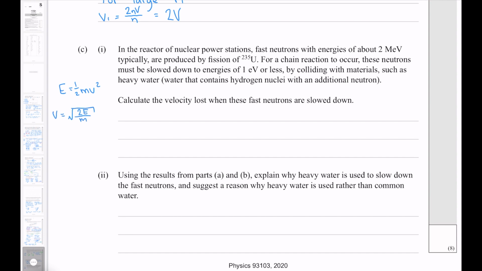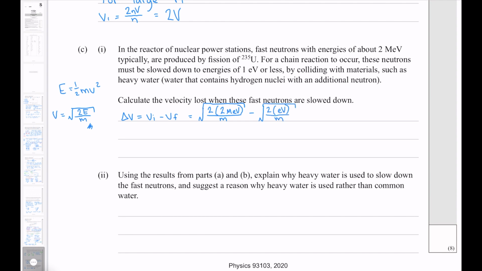Now we're of course interested in the velocity lost, or the change in velocity, which is our initial velocity minus our final velocity. Substituting in our equation here. Now our initial energy was 2 MeV, and our final energy is 1 electron volt.